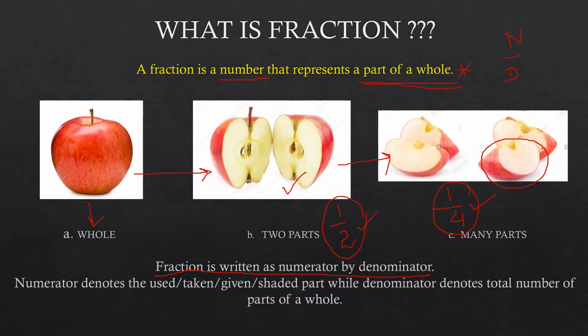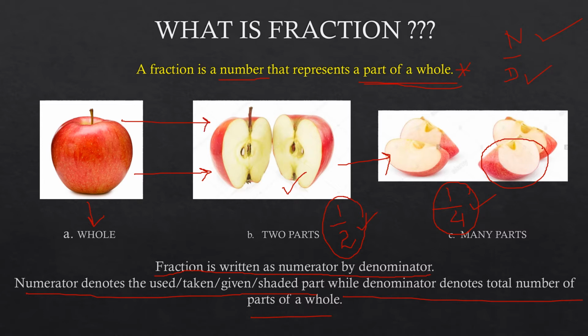Now what comes in this numerator and what comes in this denominator? Let's see here. Numerator denotes the used, taken, given or shaded part, while denominator denotes the total number of parts of a whole. Total number of parts of a whole means total number of parts in which the whole is divided. Here the whole first is divided into two parts.